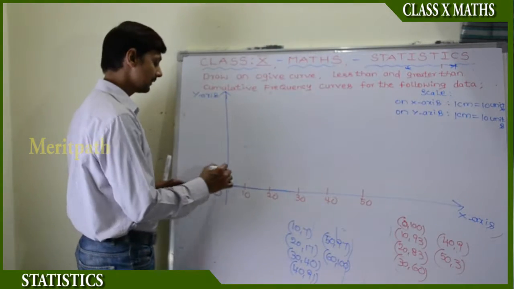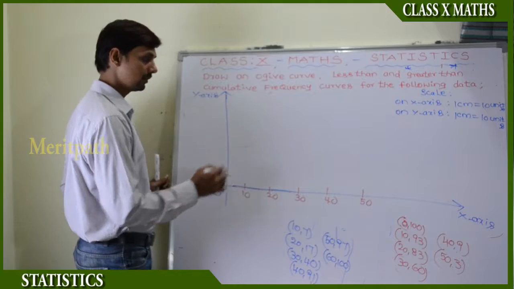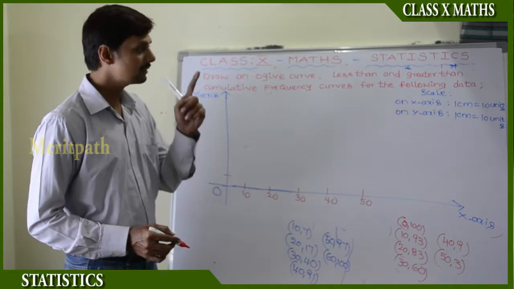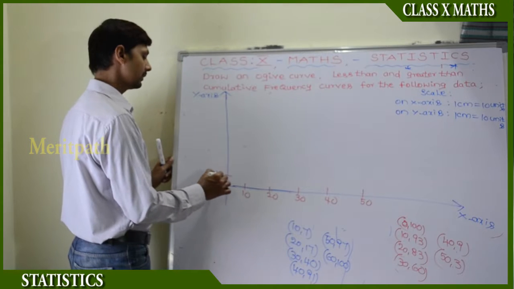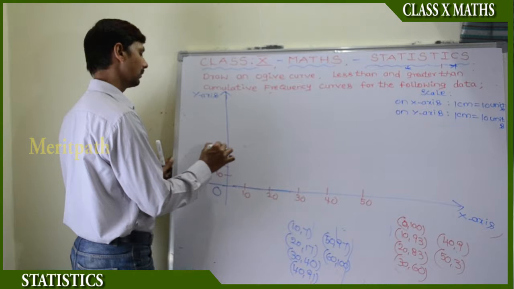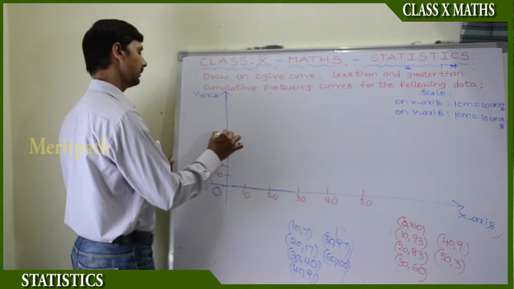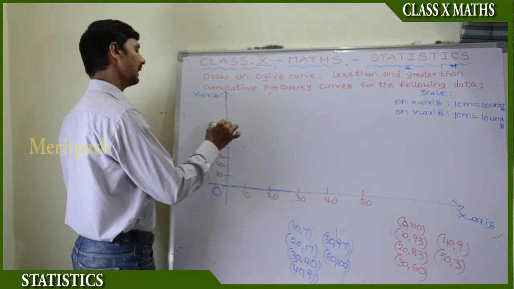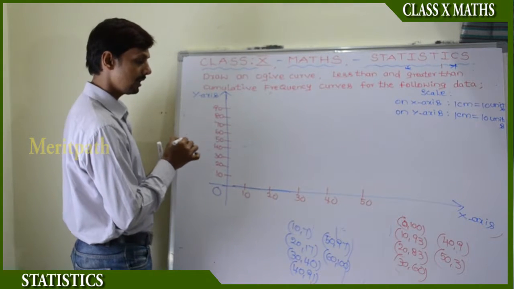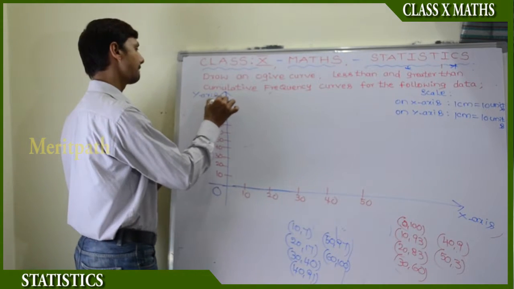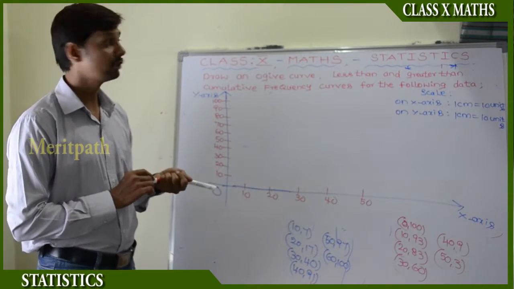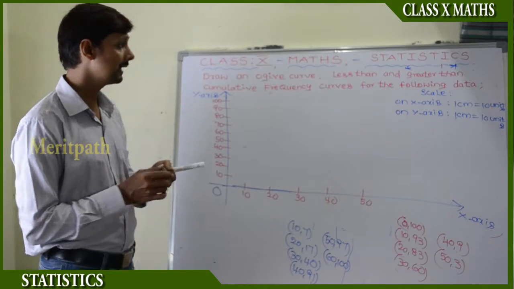On the y-axis, let's take the same, 1 centimeter as 10 units. So 10, 20, 30, 40, 50, 60, 70, 80, 90, and the highest one is 100.